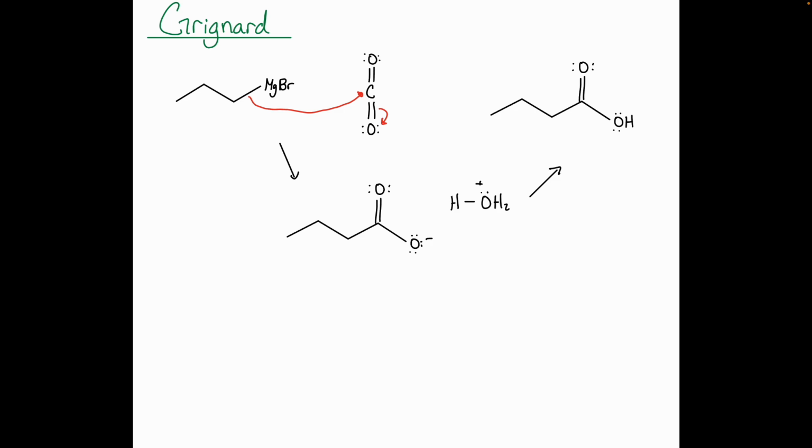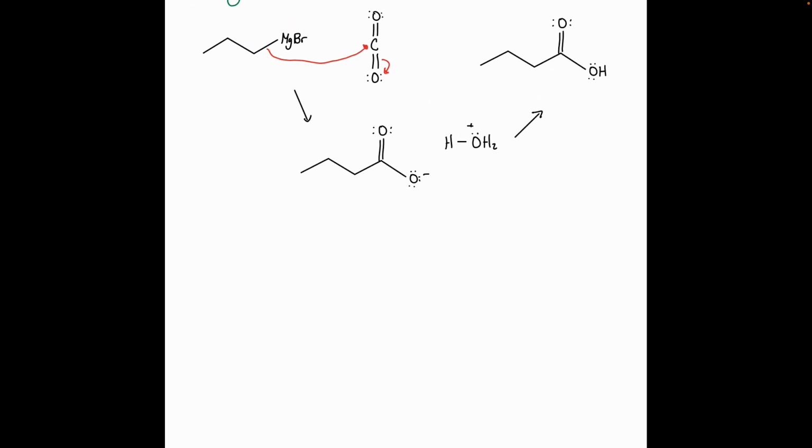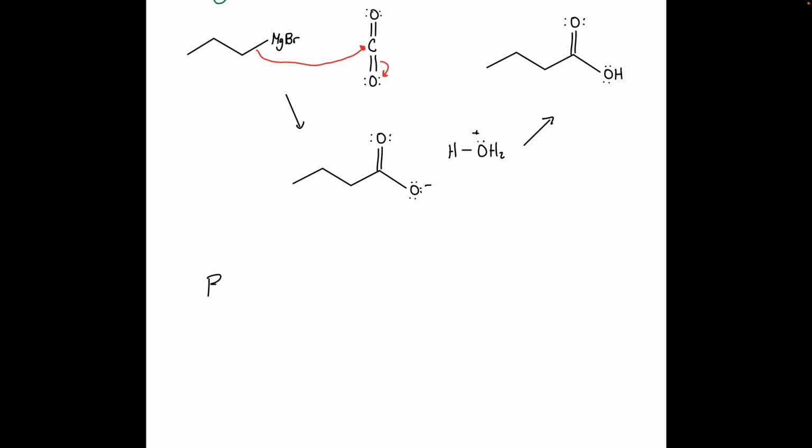Okay, so we could just summarize this. I'll leave this mechanism here. But like our R, MgBr. In our reagent list, we would first have that carbon dioxide and then that acidic workup.